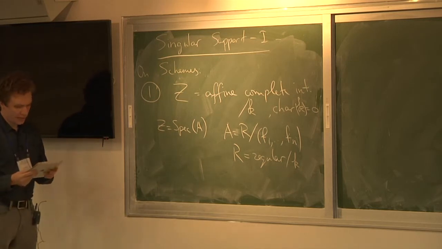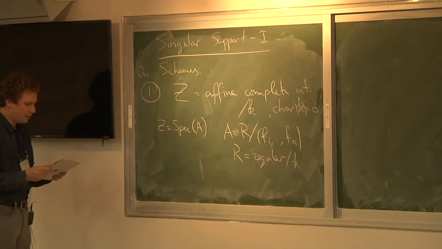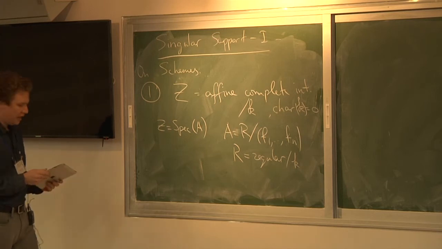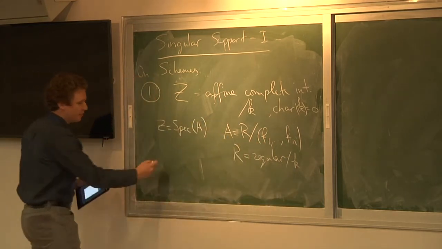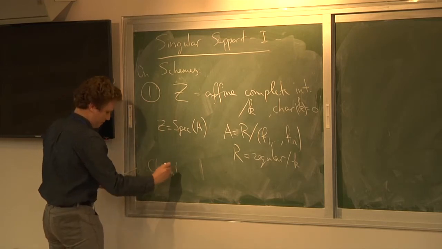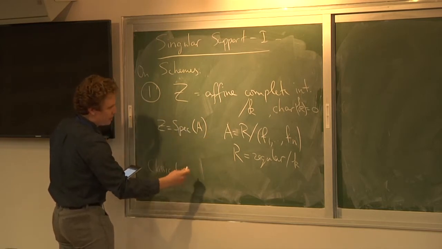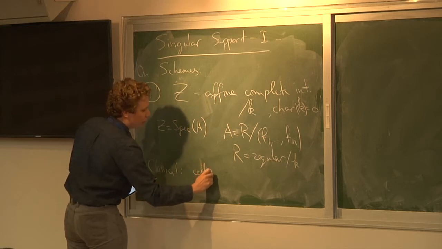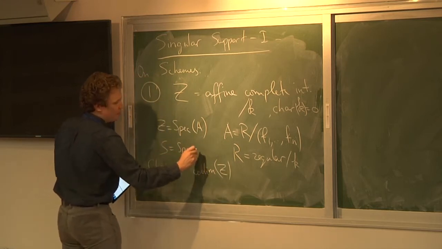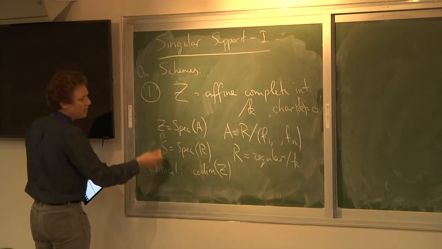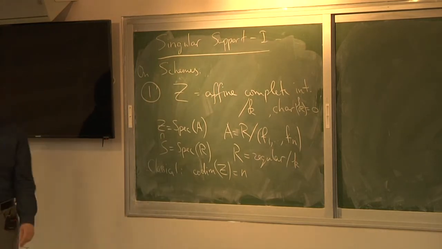All right. Now, I said it's going to be very easy, but already here there are two versions. You can either do things classically, and then you have to assume that this is a regular sequence. Equivalently, the codimension of this scheme Z in the big smooth scheme that contains it, which I'll call S, is equal to n, and then this is a complete intersection in the usual sense.